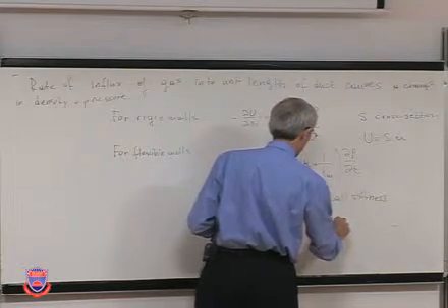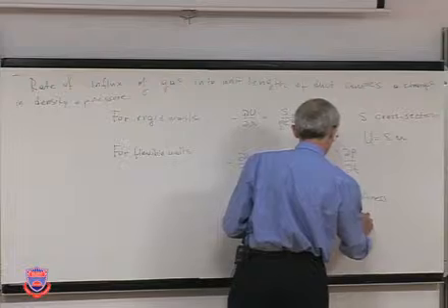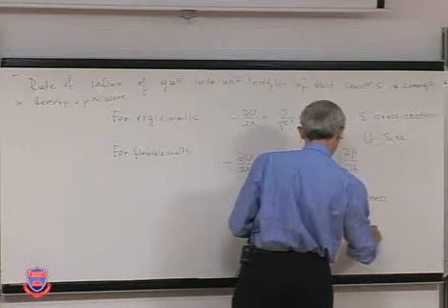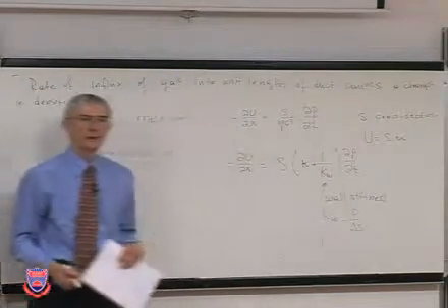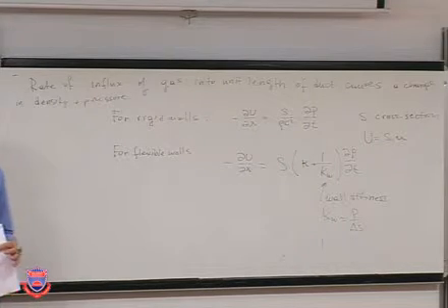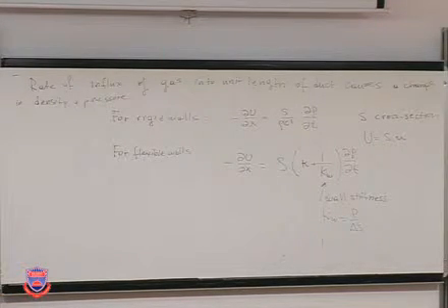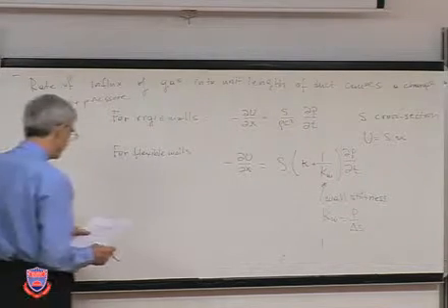Okay, and wall stiffness we can say is pressure divided by change of cross-sectional area.